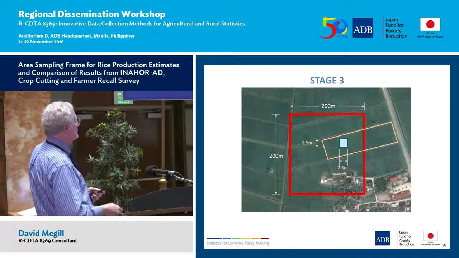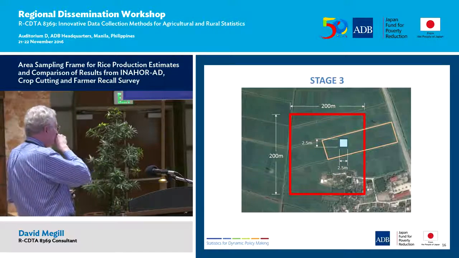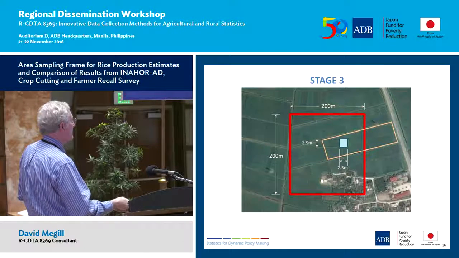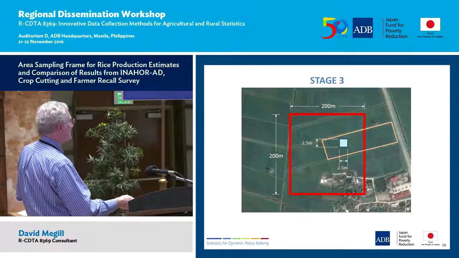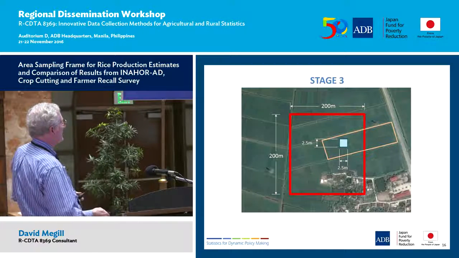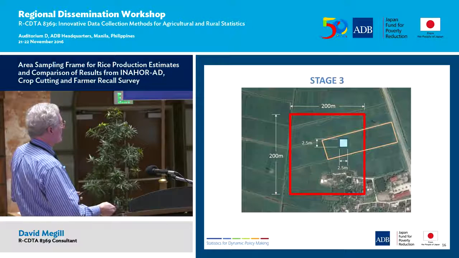Okay, and here's an illustration of stage 3. Here is the sample plot that partly fell within the mesh. They selected a random number.